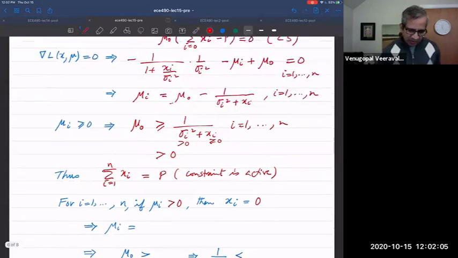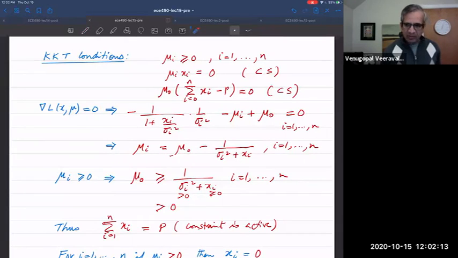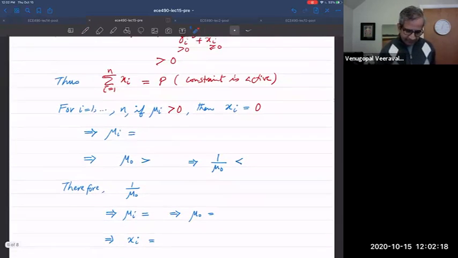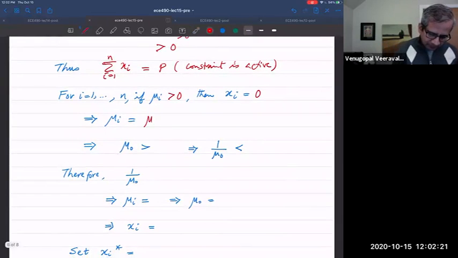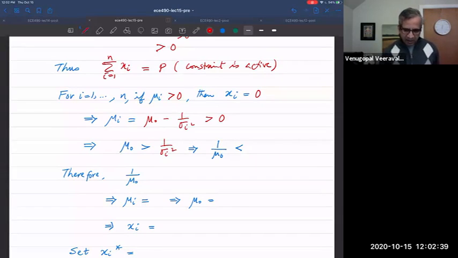But plugging xi equal to 0 into the gradient equation, I get mu i as mu 0 minus 1 over sigma i squared, which is strictly positive by our assumption. This means that mu 0 is bigger than 1 over sigma i squared. So mu i positive implies that mu 0 should be bigger than 1 over sigma i squared, or 1 over mu 0 should be less than sigma i squared.